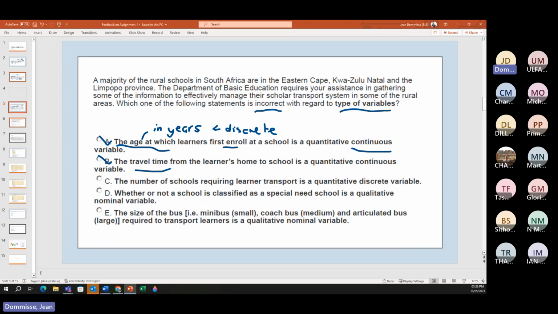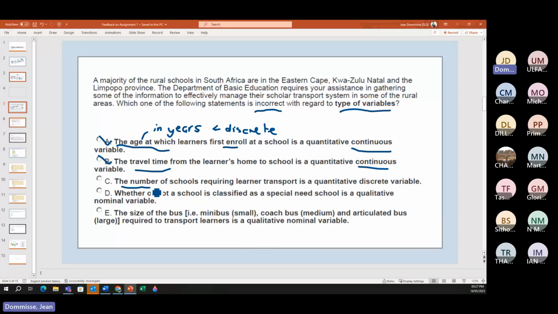If again it was said the travel time in minutes or the travel time in hours, then we would say no, it is discrete again, because then it will be 100 minutes or so. If we add the measurement to that, then it becomes discrete. Otherwise, it stays continuous. So when you add the measurement to the question, then it will become discrete.